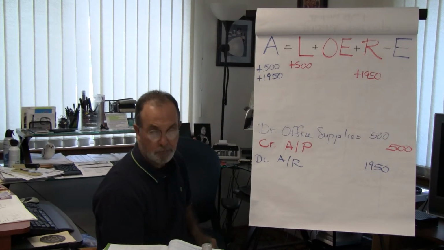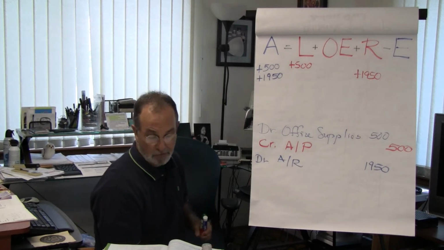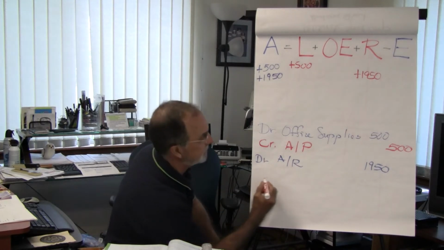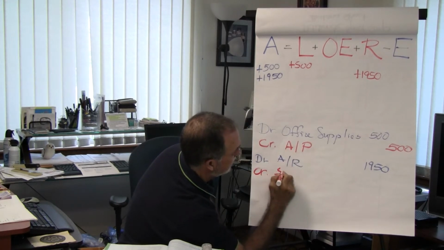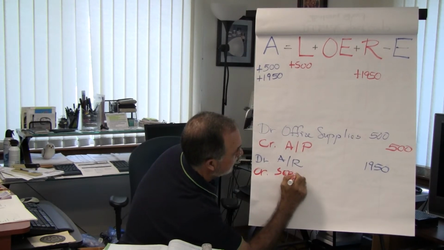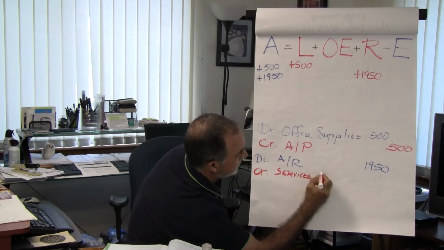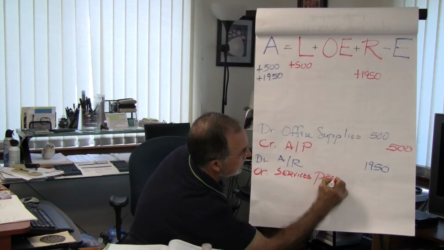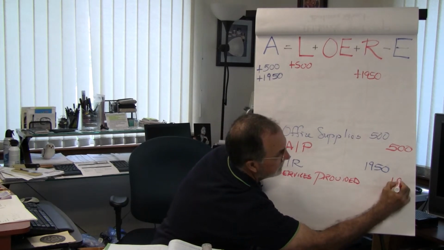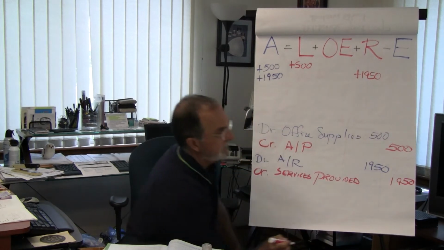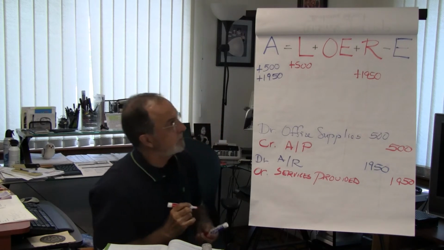Well, let's call it temporary services provided, or let's just call it services provided. So our revenue account will be a credit, and we will call that account services provided, and that amount will be recorded as a credit, $1,950.